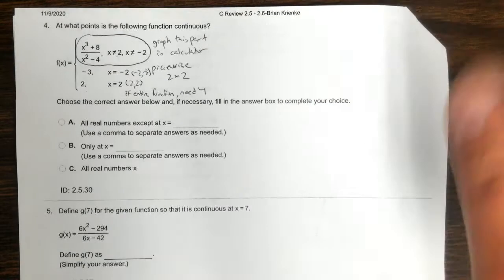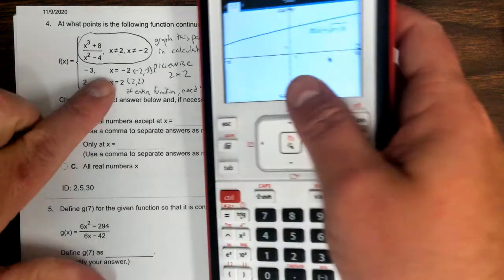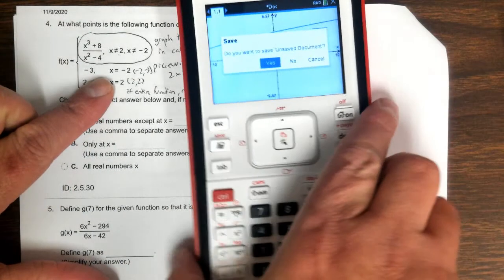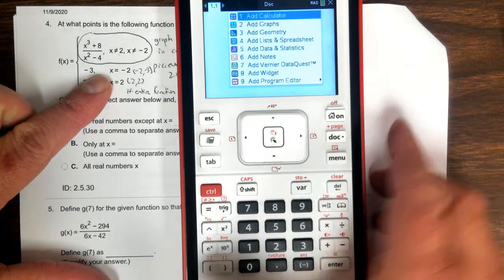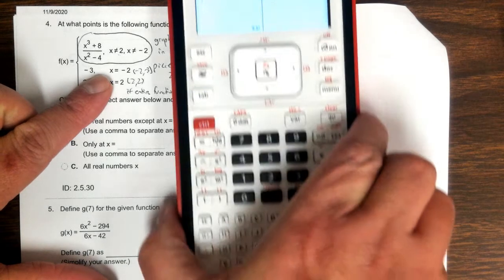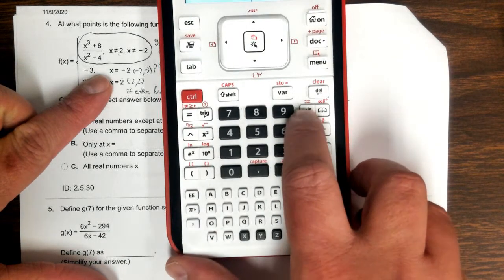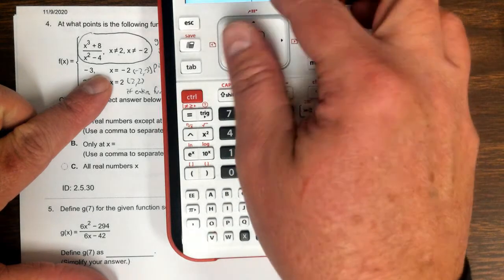So to graph that in the calculator, we would go to a piecewise function. Between the 9 and the book, there's this, and we want the 2 by 2 piecewise.